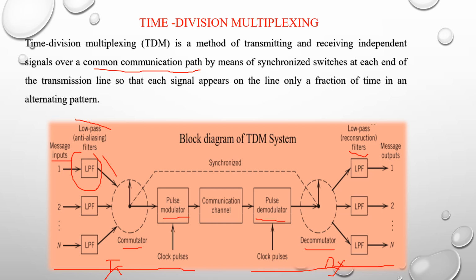It converts the single input into multiple outputs. So this is the demultiplexed output. The demultiplexed output is again applied to the reconstruction filters. So across each filter we receive the message signals. This decommutator operates in synchronism with the commutator in the transmitter.